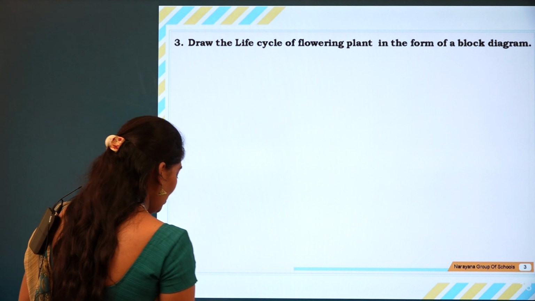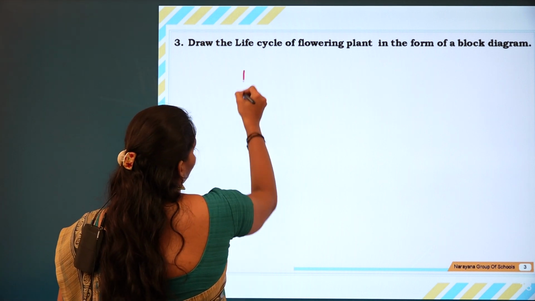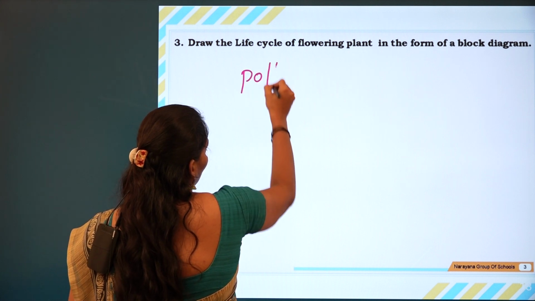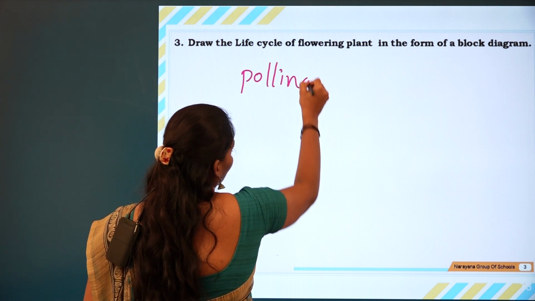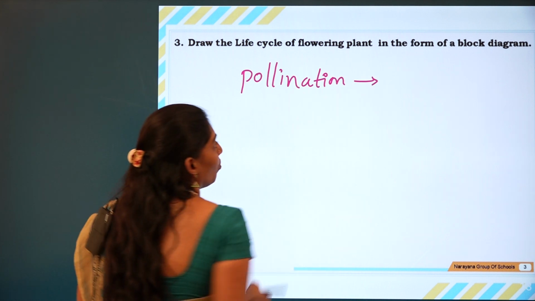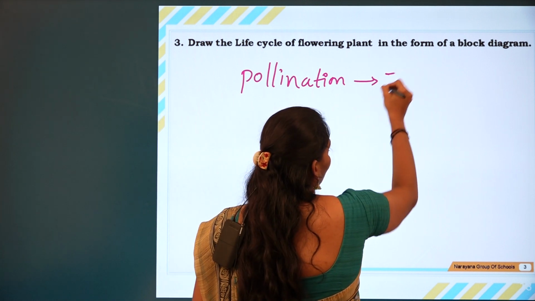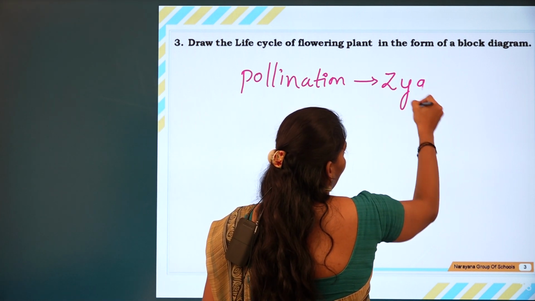So let us write that. Mature plant first goes for pollination. After pollination comes fertilization and the formation of a zygote.